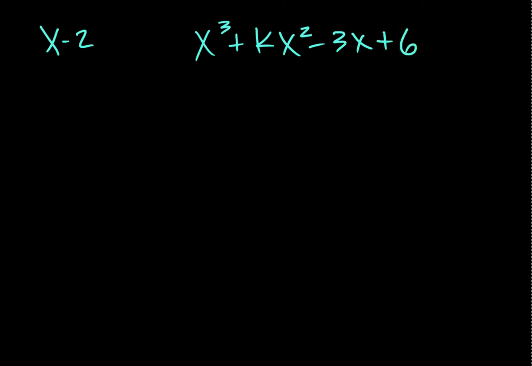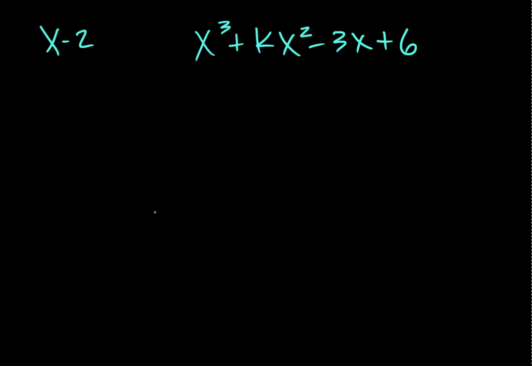It says, find k given that x minus 2 is a factor of this. Hence, fully factorize this.